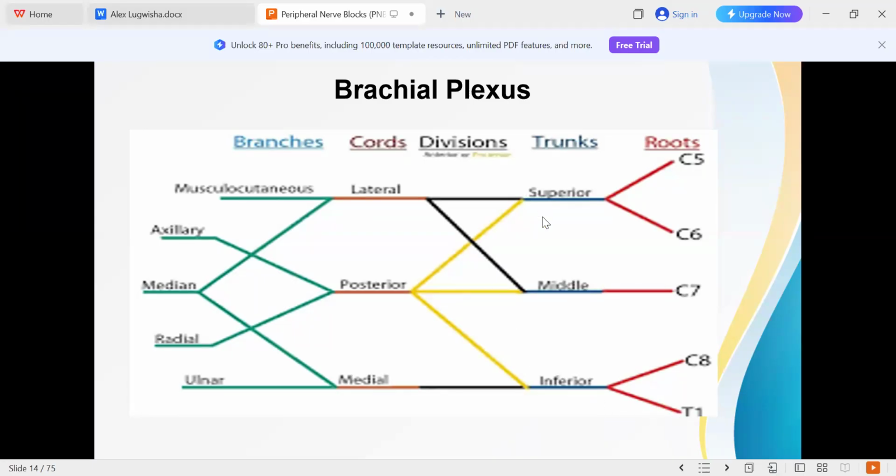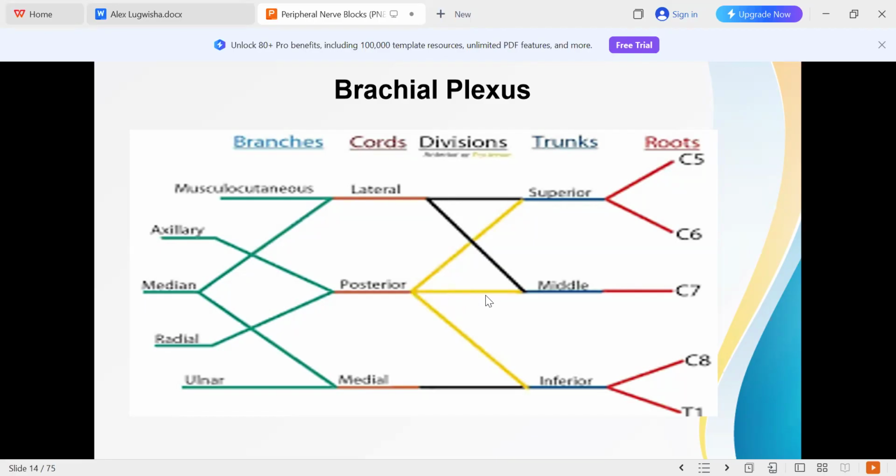The trunks are divided into anterior and posterior divisions, and we have the cords, divided into lateral, posterior, and medial cords. The lateral cord is formed by the anterior divisions of the superior and middle trunk.